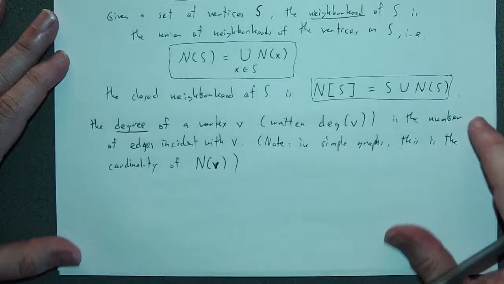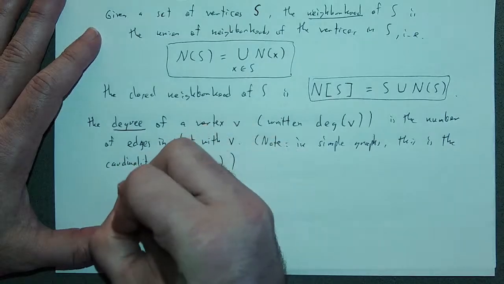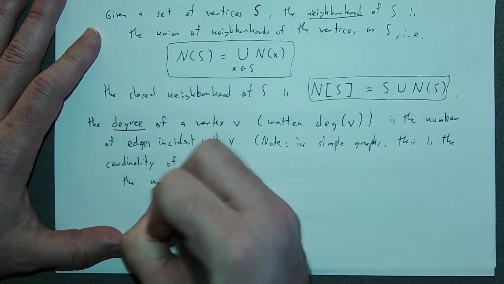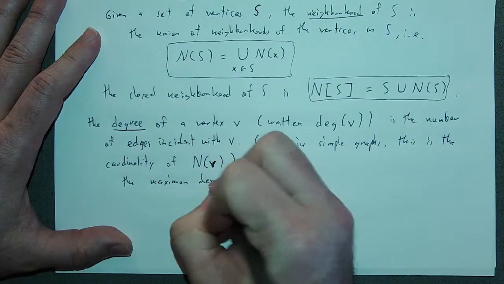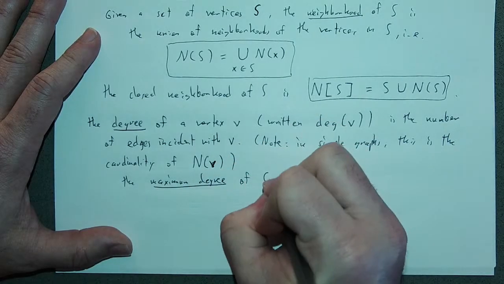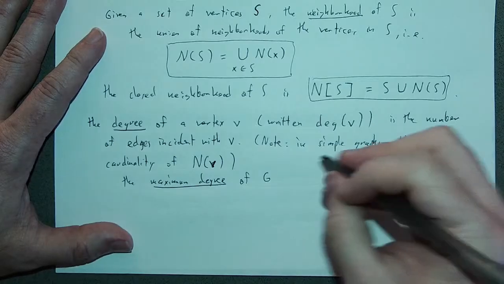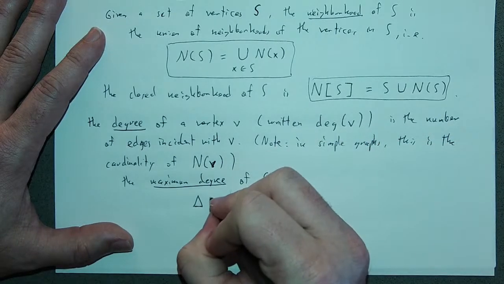Now, associated with degree, we have the concept of a max and min degree here. So the maximum degree of a graph G is, we use capital delta here.